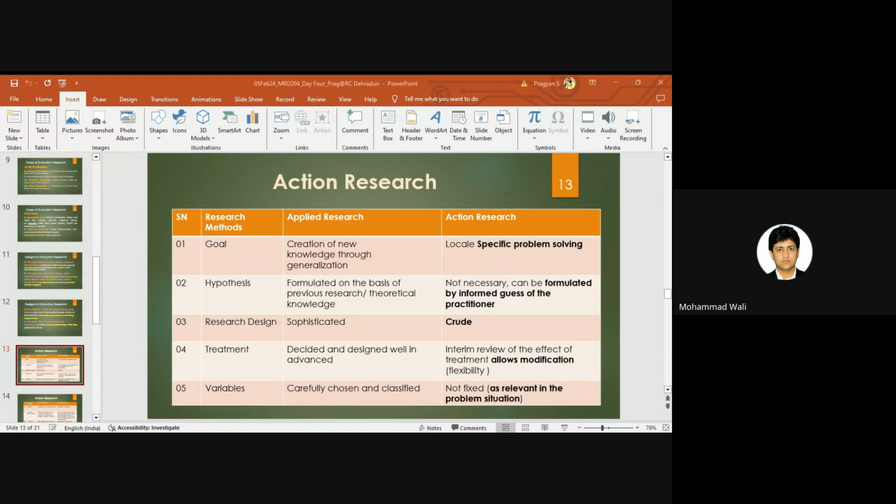Because in that also we had a control group and an experimental group, and we would examine them before and after the treatment. So what's the difference?